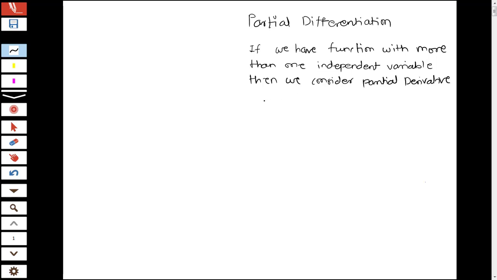And the notation for this, we'll use the curly d. It is also called delta.